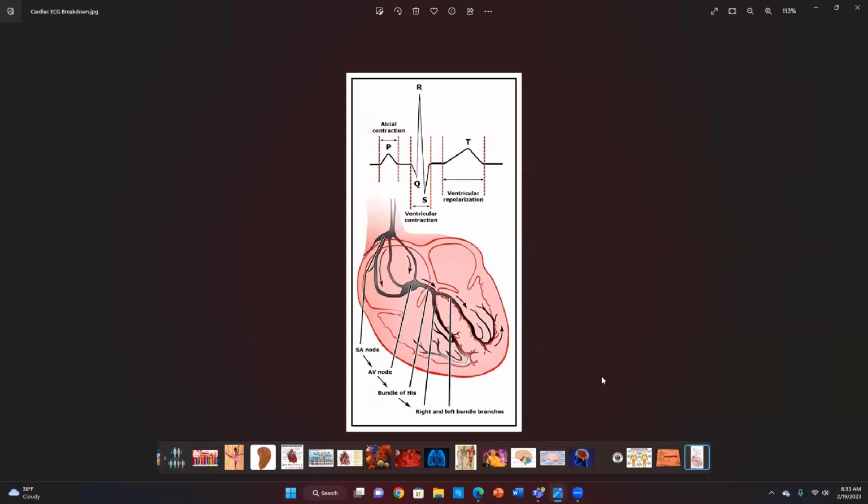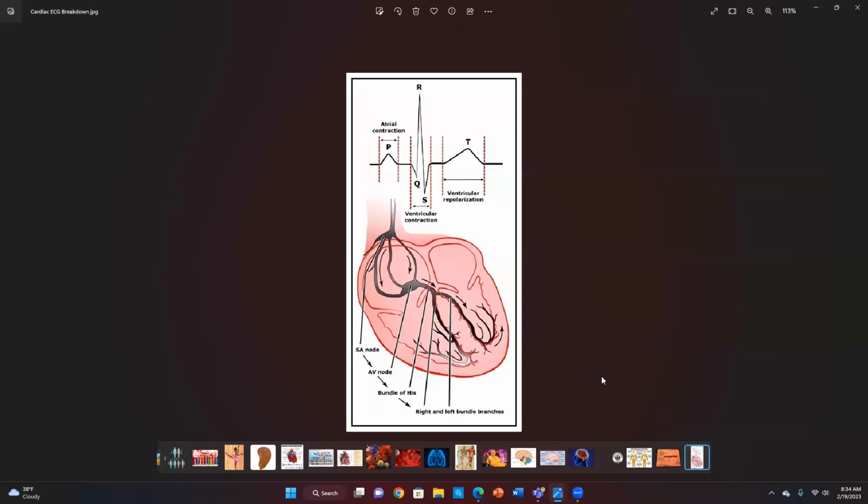The second stop is going to be the atrioventricular node, or the AV node. The third stop is going to be your bundle of His. My daughter asked me, Mom, how come it's not called a bundle of hers? And I was like, I don't know, Erica, but it's bundle of His.